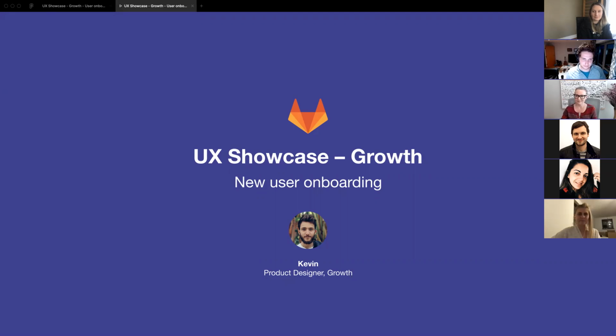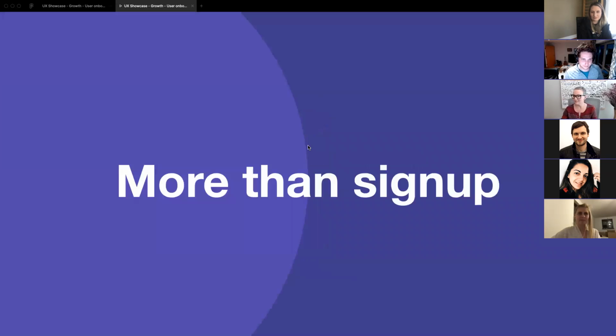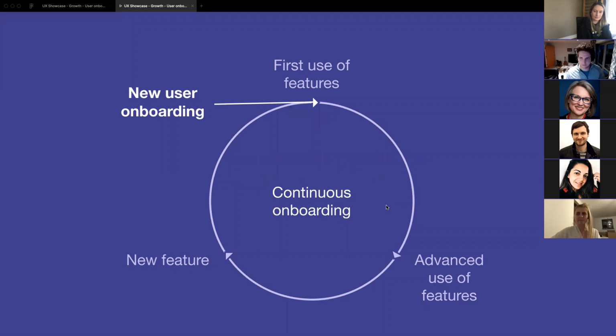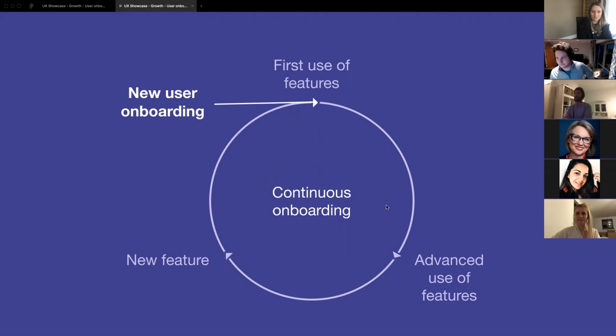I'm Kevin, product designer in Growth, and today I'm going to be talking about new user onboarding. Before we go ahead, I just want to point out that onboarding is way more than sign up. It's actually a continuous process that spans the whole customer life cycle.